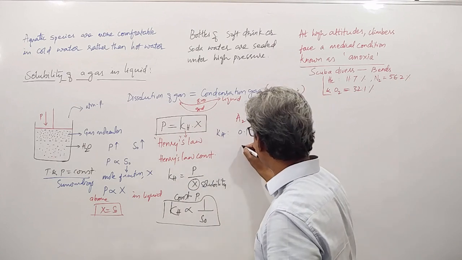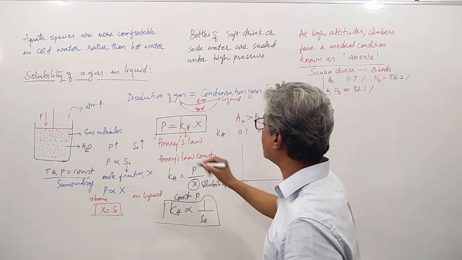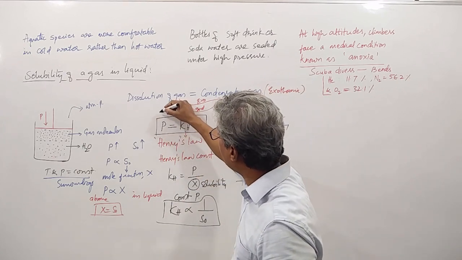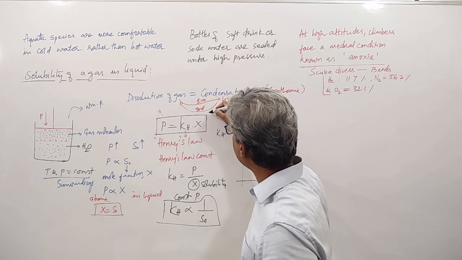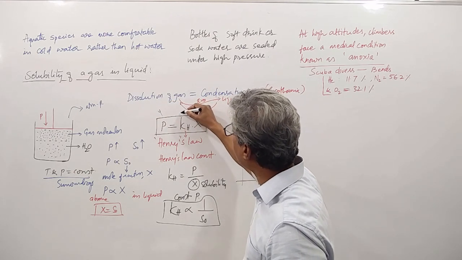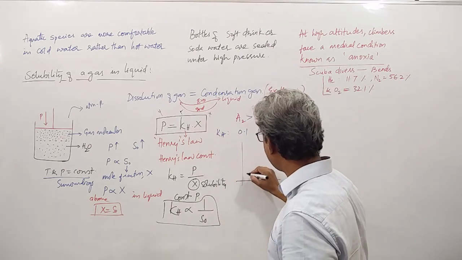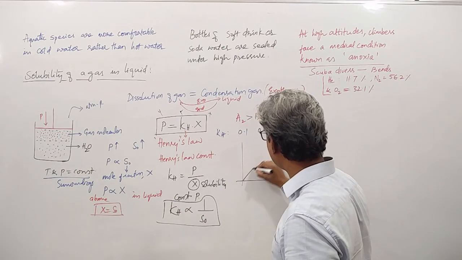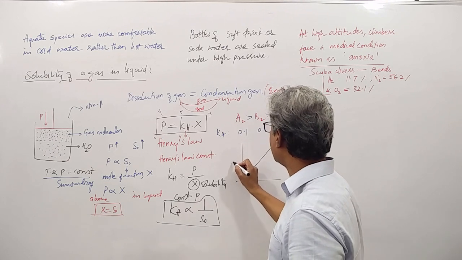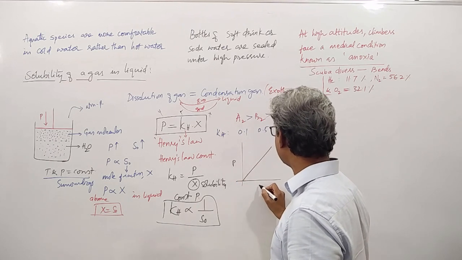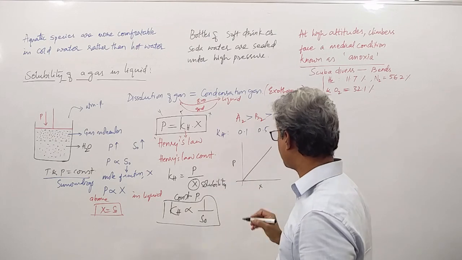Now, just look at this. From this, we can draw a graph. See here, if you consider this as one variable which is y, and this is another variable which is x, this will be a slope. That means y is equal to mx. If y is equal to mx, the nature of the graph will be this. If this is pressure, this is the mole fraction, or reverse also.